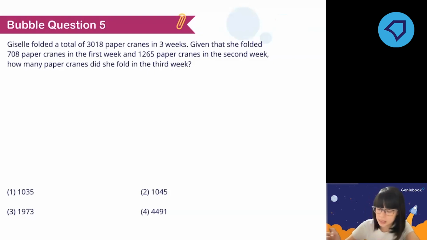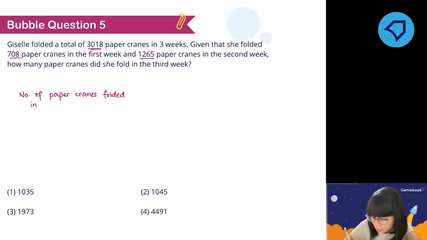So in a total of 3 weeks, she folded 3,018 paper cranes. In week 1, 708. In week 2, 1,265. So we want to find the number of paper cranes folded in the first and second week.